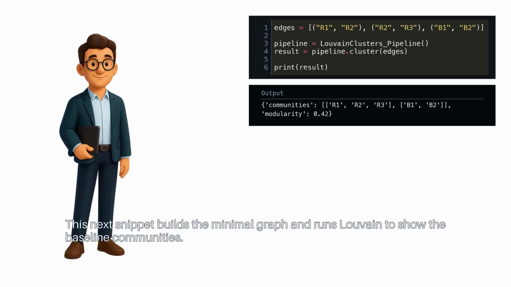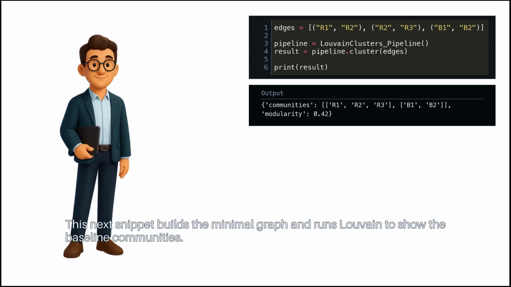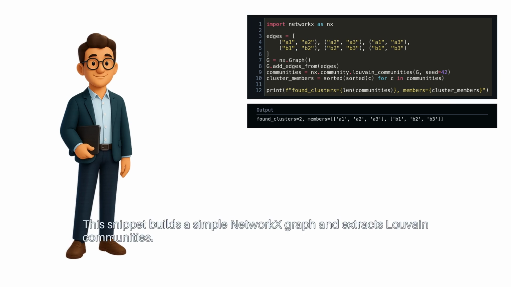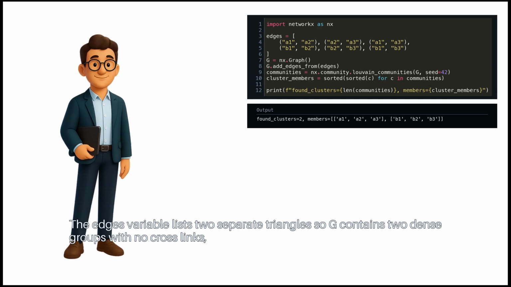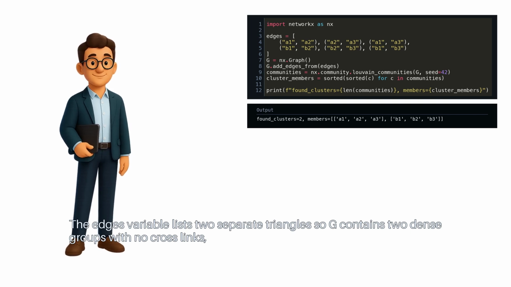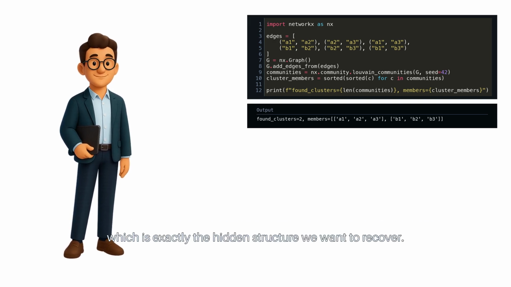This next snippet builds the minimal graph and runs Louvain to show the baseline communities. This snippet builds a simple NetworkX graph and extracts Louvain communities. The edges variable lists two separate triangles, so G contains two dense groups with no cross-links, which is exactly the hidden structure we want to recover.